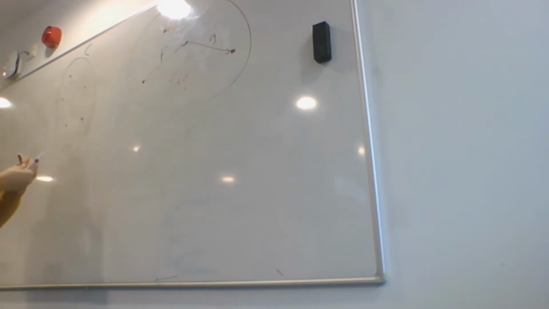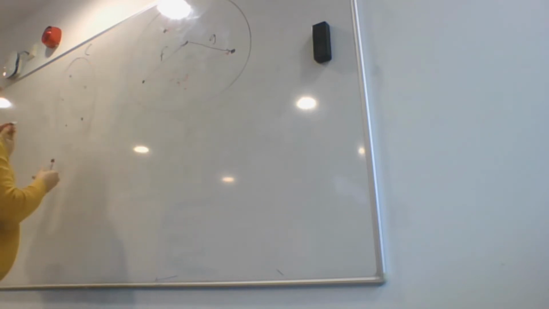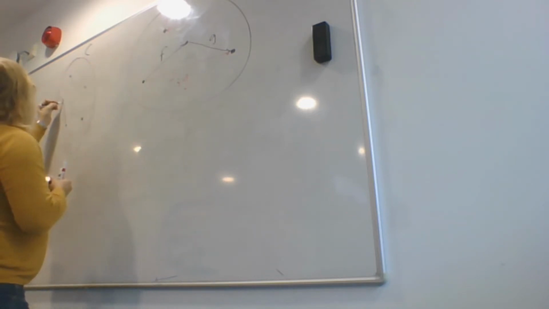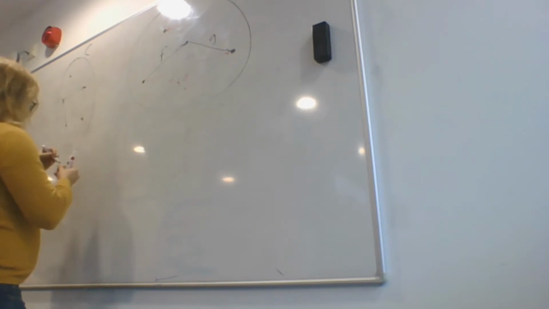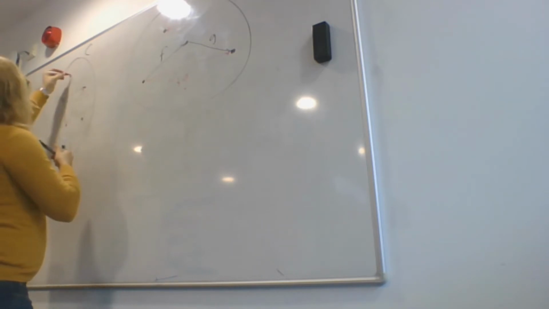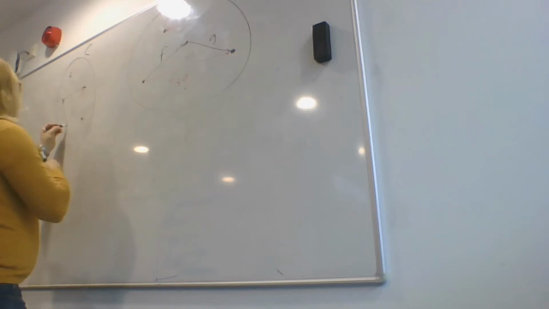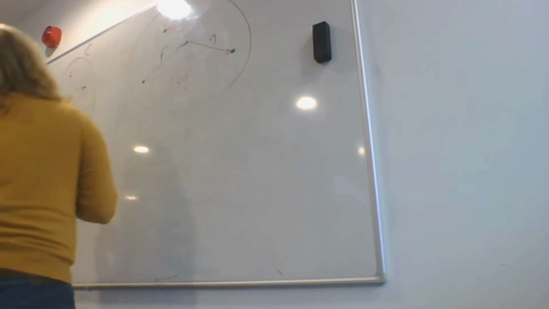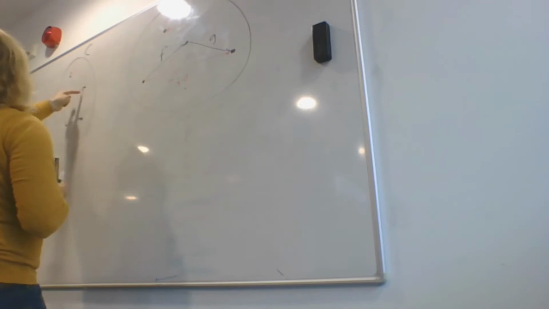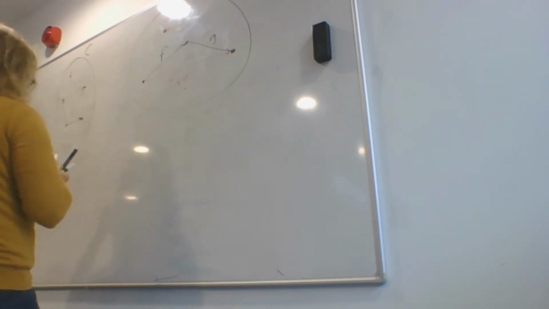Okay, so to give a functor from this category to this one, let me also draw some arrows. So I have some arrows, I have some compositions, I've drawn some of them out. I have some identities, I haven't drawn them all.